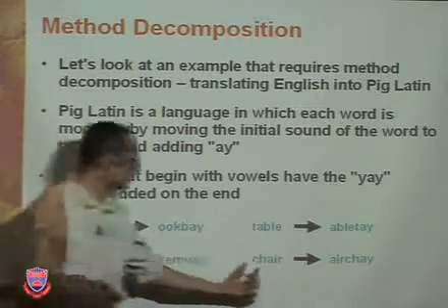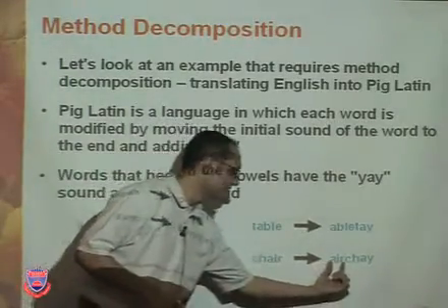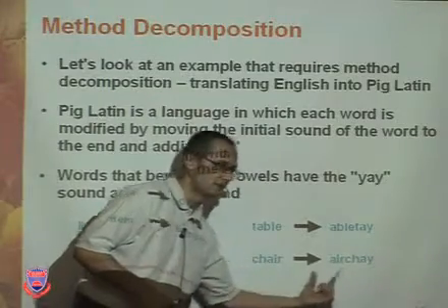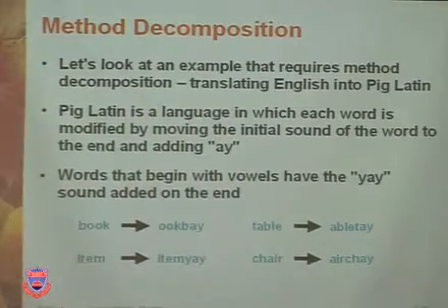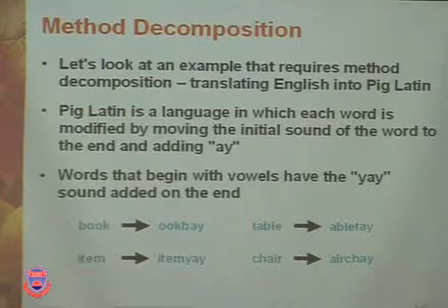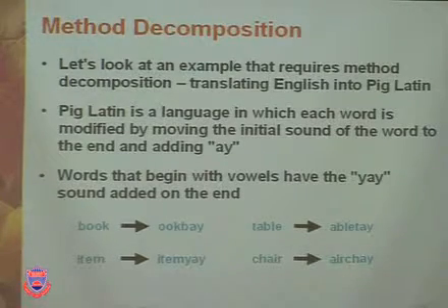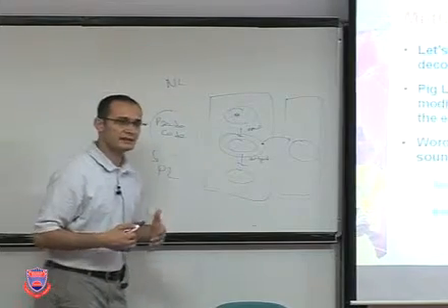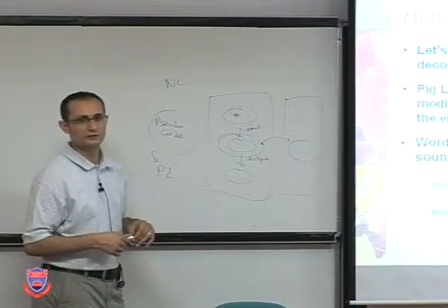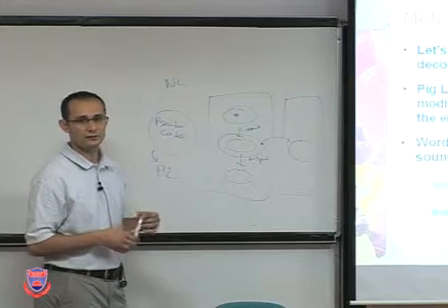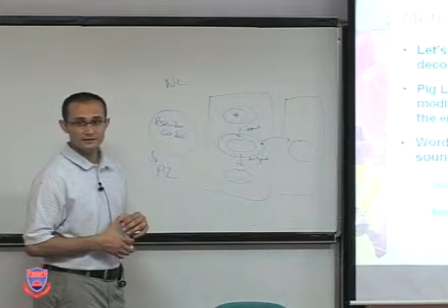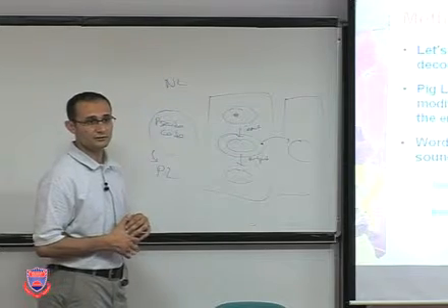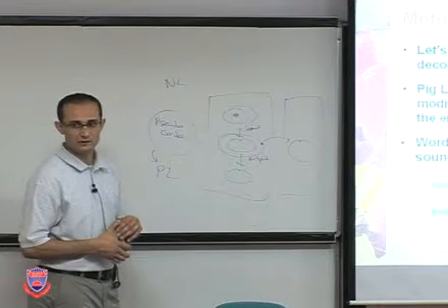These are converted with, again, the pair copied at the end, like airchay. So that's how it is constructed for each word in the Pig Latin language that is described already. Once you have this information, you're asked to design an application that is going to convert a given sentence. How can you convert the string or a sentence into the corresponding Pig Latin version? How can you do that?